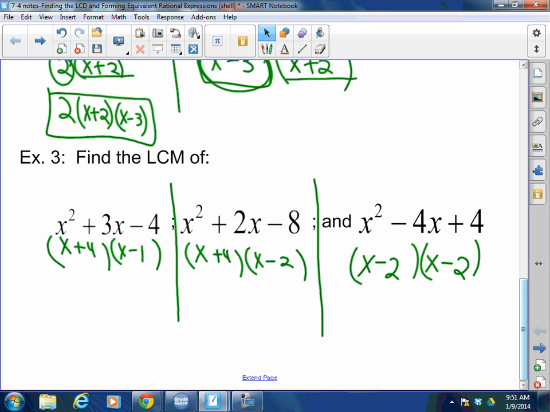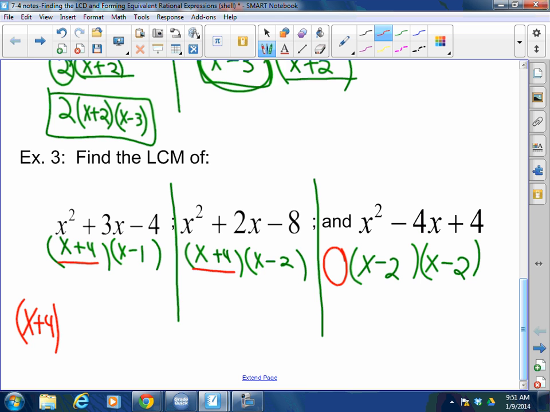Remember the LCD, like if you had 1 over 15 plus 3 over 17, don't you easily find a common denominator by multiplying the two together? Yeah, right? Well, that's what we were doing here. So I have an x plus 4 and an x plus 4, but I need an x plus 4 here, correct? So x plus 4 is going to be my first factor. I have an x minus 1.